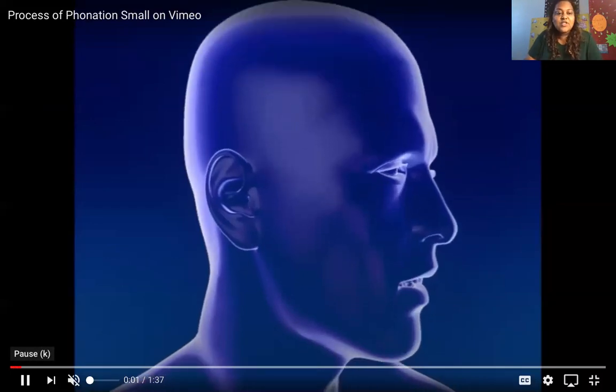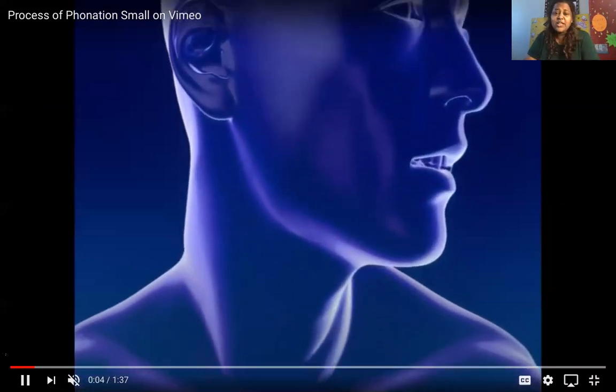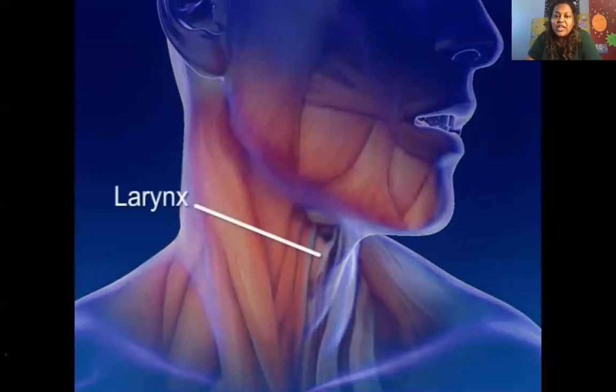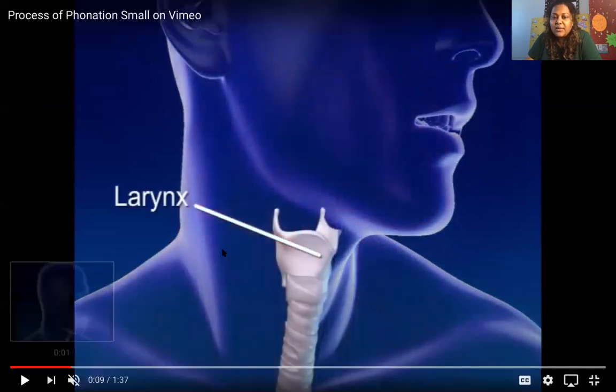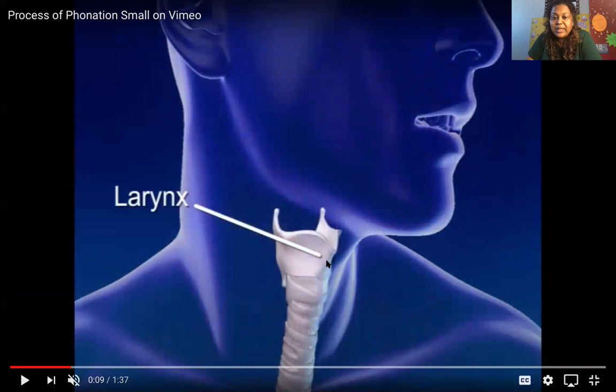All right, so ideally, your larynx is situated in your throat. Okay, it's covered up by a lot of muscles. Now, this is how your larynx looks. As I explained last time, this is your thyroid cartilage. The wide ring that you see here is your cricoid cartilage. Your thyroid and cricoid cartilage is connected by a membrane, which is a very flexible tissue, called the cricothyroid membrane because it connects the cricoid and thyroid.